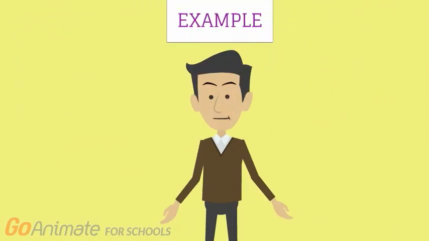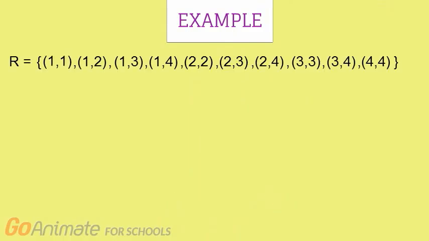Let's look at an example. The following is a relation R defined on the set X, whose members are 1, 2, 3 and 4. Is R reflexive? Observe that R contains all elements of the form (X, X), namely (1,1), (2,2), (3,3) and (4,4).